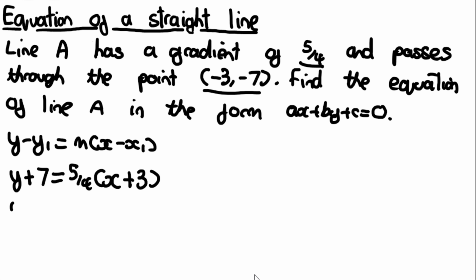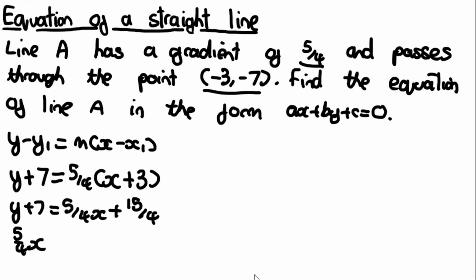So if we expand this, it's going to be y plus 7 is equal to 5 over 4 x plus 15 over 4, and if we move this onto the other side, we're going to get 5 over 4 x minus y plus 15 over 4 minus 7, which is going to be minus 13 over 4 is equal to 0.